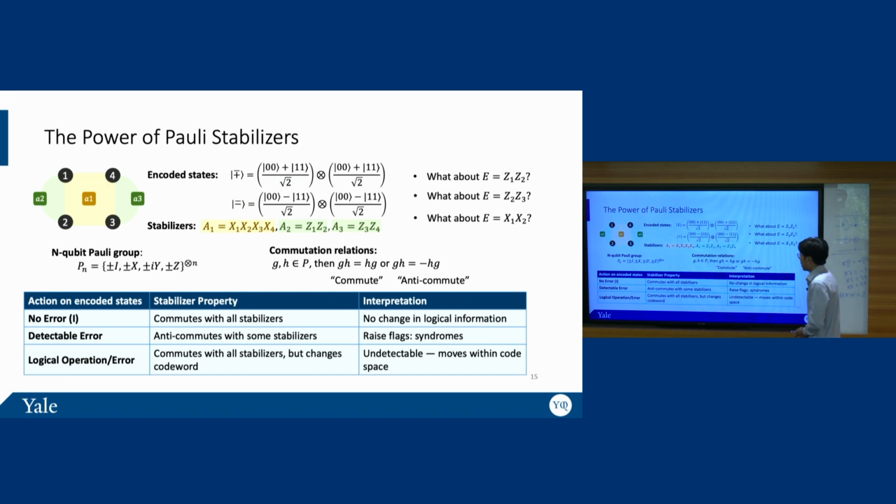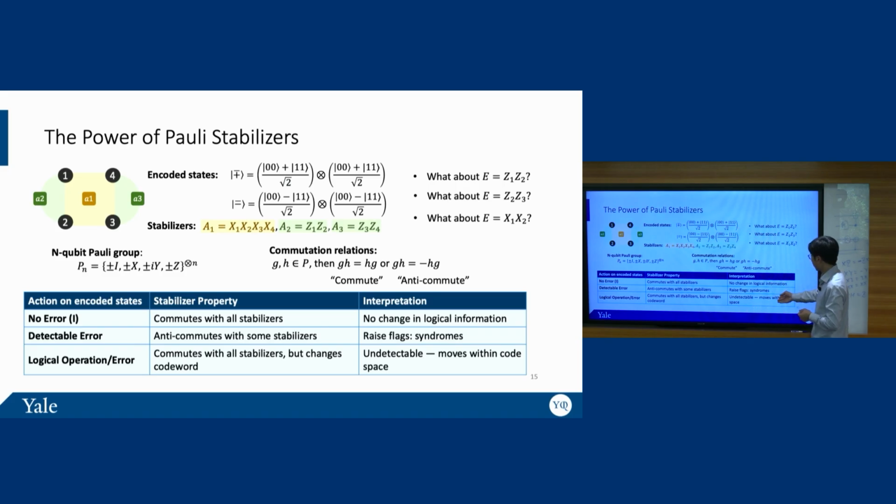Okay, so furthermore, we analyzed Z2, Z3, which commute with all my stabilizers, but it does change my logical basis information. So that acts as a logical operation or logical error. It commutes with all the stabilizers but changes the code words.